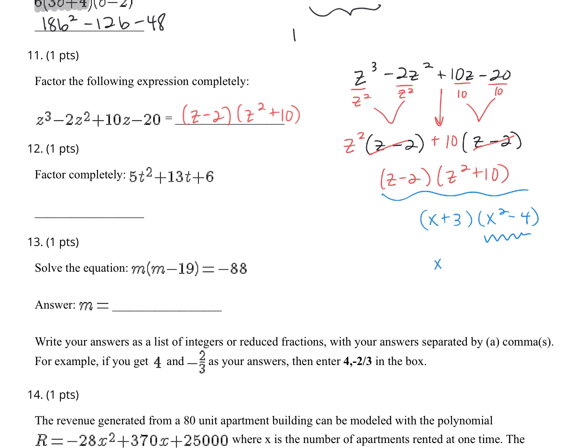So you would have to take this one further, and this would be x plus 2, x minus 2. So don't forget to see if you can factor it more. The one that we just did, the z squared plus 10, is done because it's a plus, first of all, and second of all, because 10 is not a perfect square. So just keep your eye out for that.